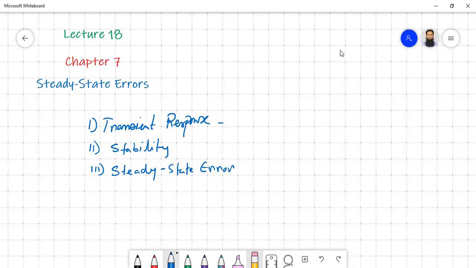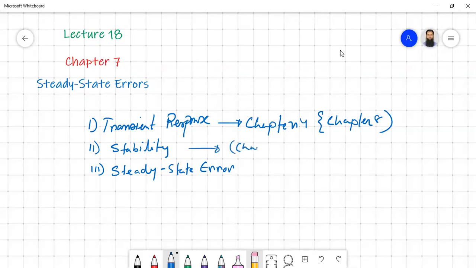The transient response has already been discussed in chapter 4 and will be discussed in detail in chapter 8. The stability is discussed in chapter 6.